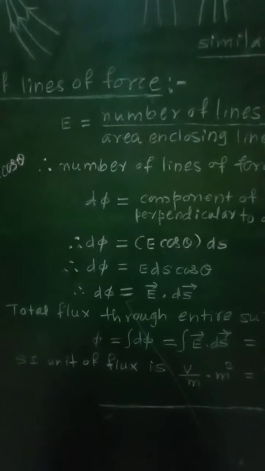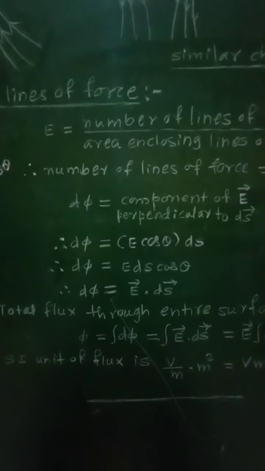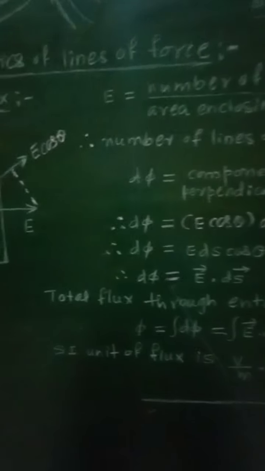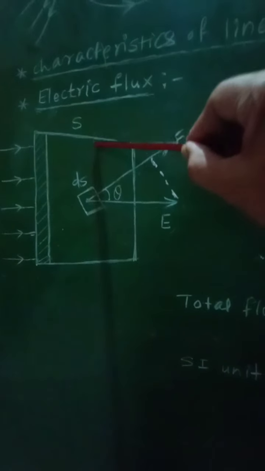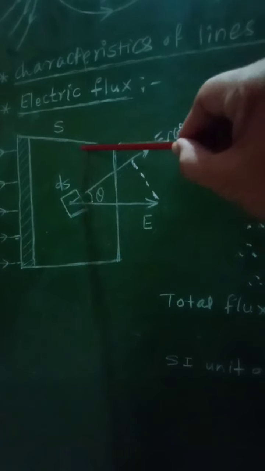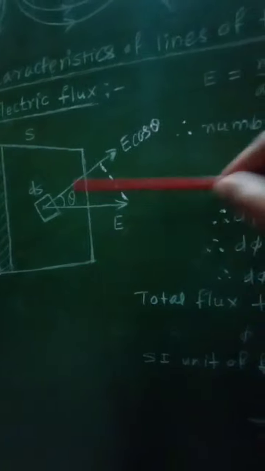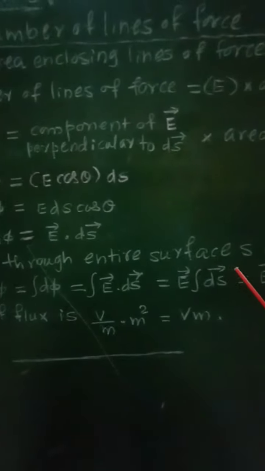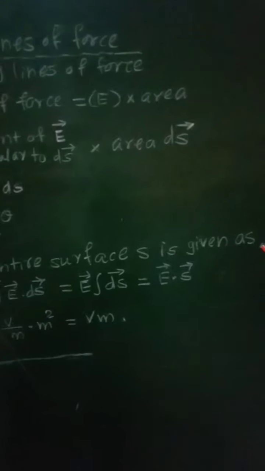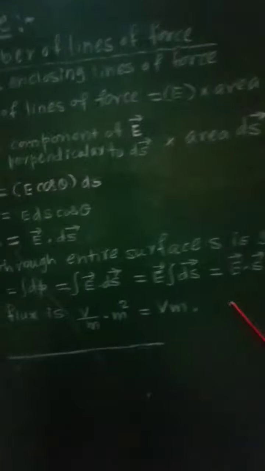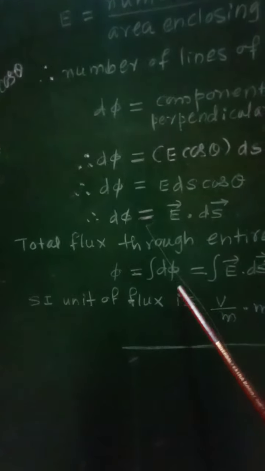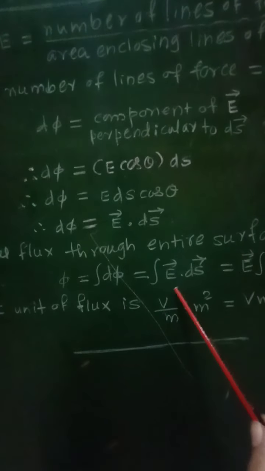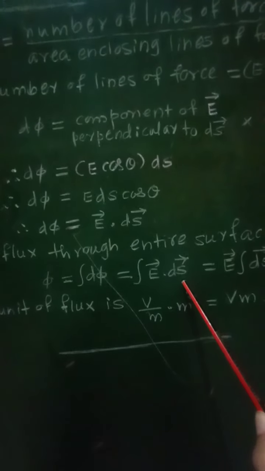So this gives the number of lines of force passing through the surface area ds, and hence if we try to find the total number of electric lines of force passing through the whole surface area S, then the total flux through the entire surface S is phi equal to integration of d phi, that is integration of vector E dot vector ds.